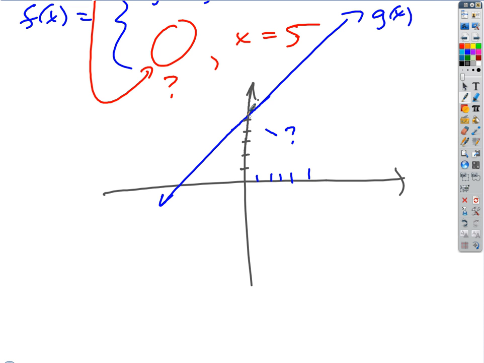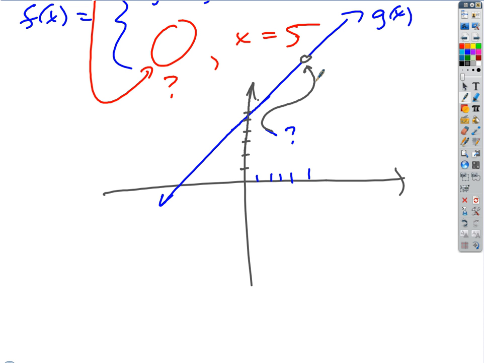Supposed to be like this, isn't it? So if I go out here to 5, that's where my hole is, right? I need to know what the value is that goes in there.